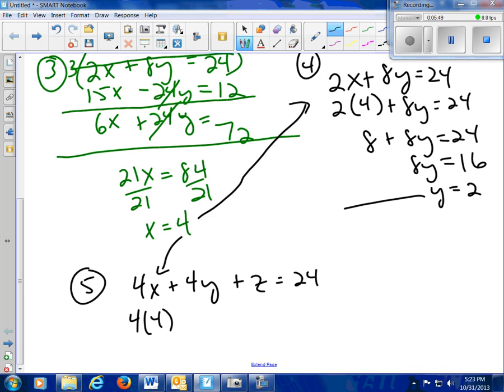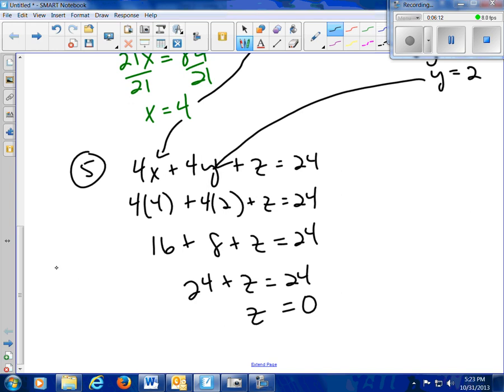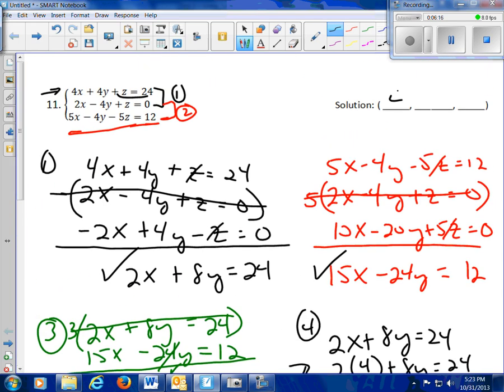I'm going to plug in y is 2 where y is at. 4 times 4 is 16. 4 times 2 is 8. 16 plus 8 is going to make 24. And if I subtract 24 on each side, I know that z equals 0. So x equals 4, y equals 2, and z equals 0.